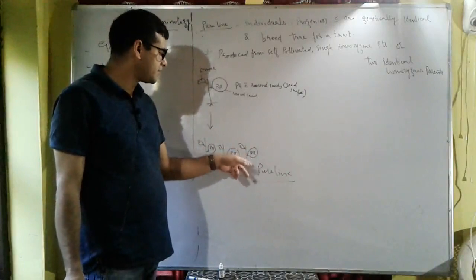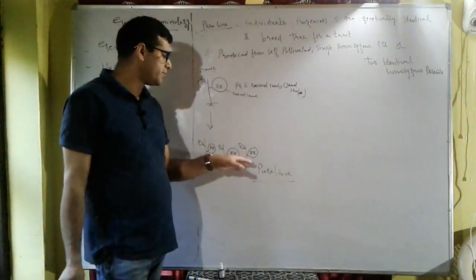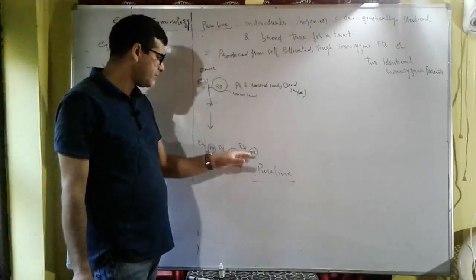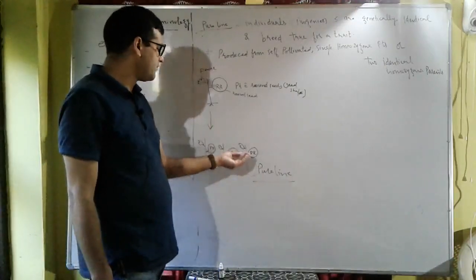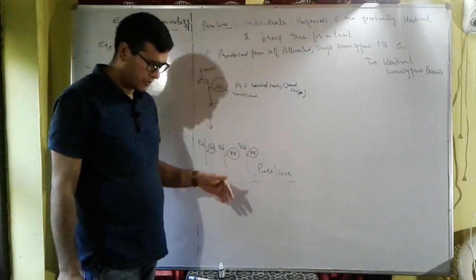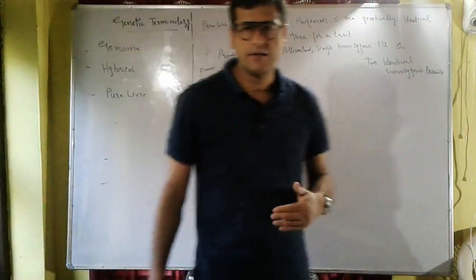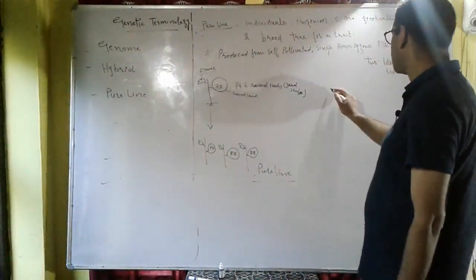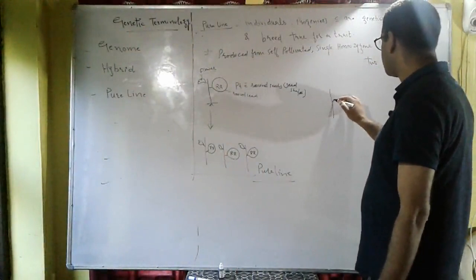That means they will produce progenies having the same character generation after generation, that is, round seeds when they go for self-pollination.